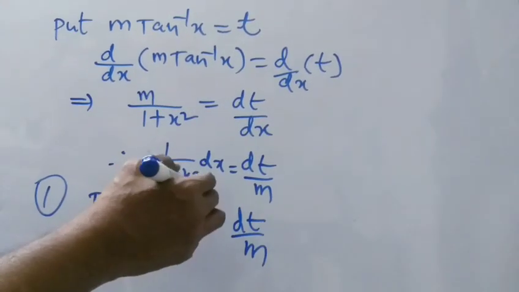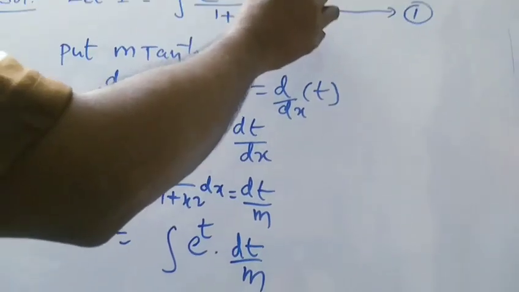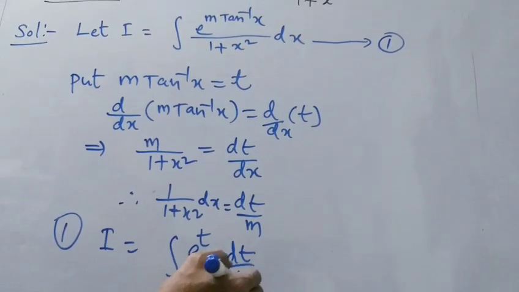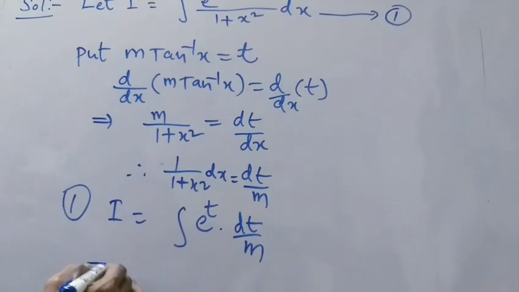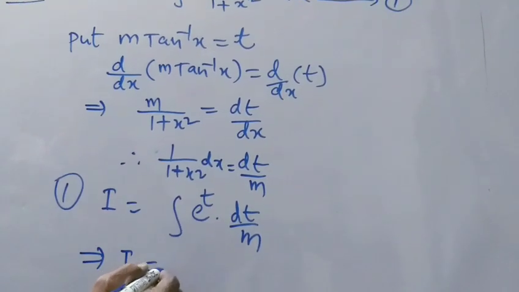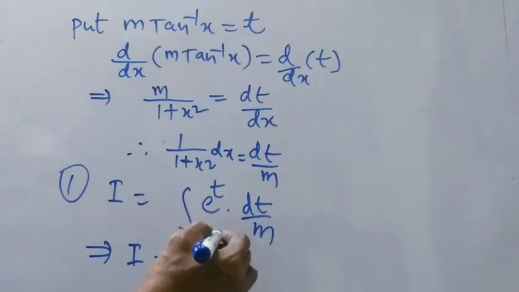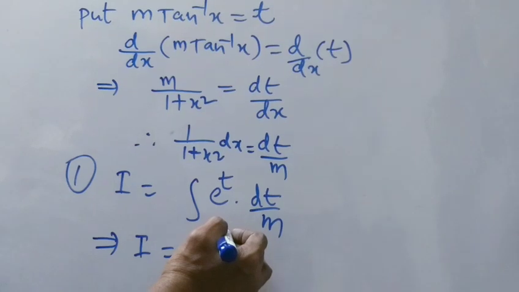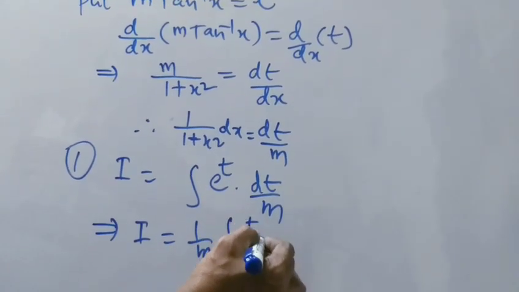In place of 1 by 1 plus x square dx we put dt by m. Implies I is equal to 1 by m integral of e to the power of t dt.